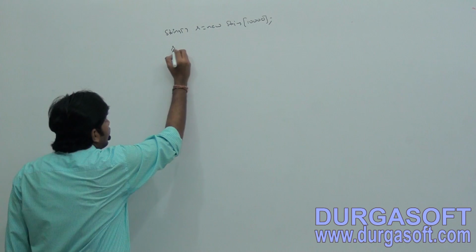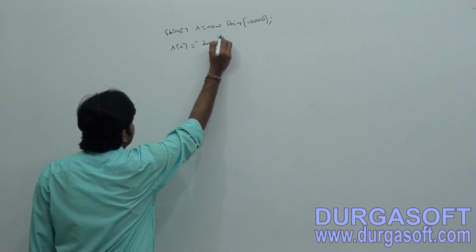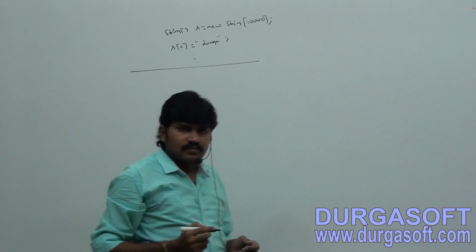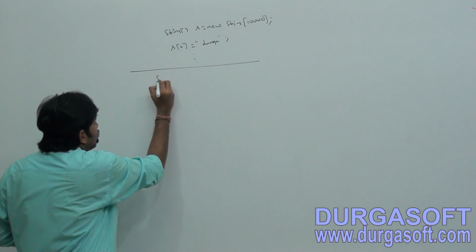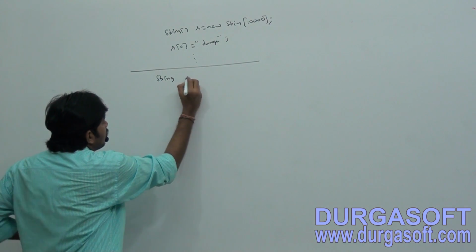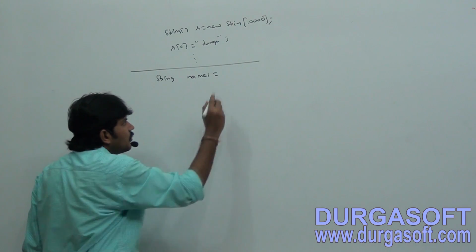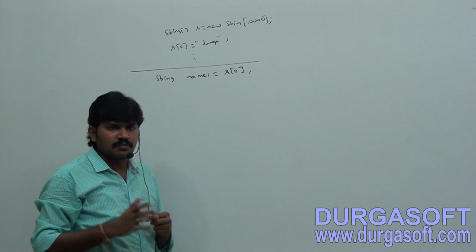I added s of 0 is equal to Durga. Now I want to retrieve the first element. String name1 is equal to s of 0.